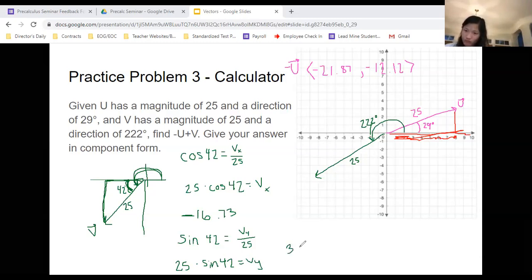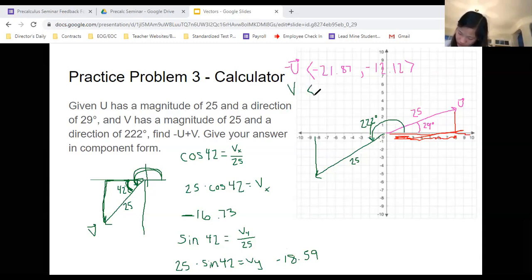And for this, I got 18.59. And again, I know I'm in the third quadrant, so my y coordinate should be negative as well. I'm going to go ahead and put that up here.